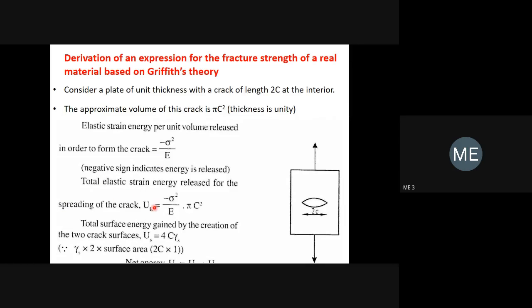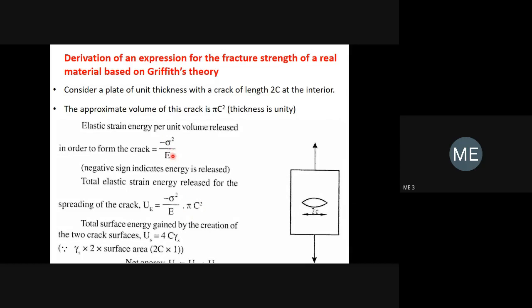For spreading of the crack, the energy required per unit volume is sigma squared divided by E, and the total volume of the crack is pi c squared. Pi c squared refers to the total volume of the crack, because the depth of the crack is only one unit, and the diameter of the crack is 2c, and pi d squared divided by 4 becomes pi c squared.